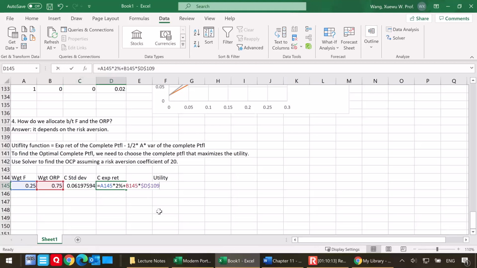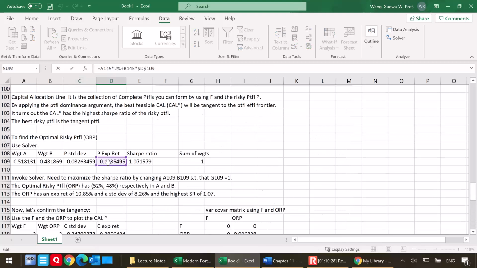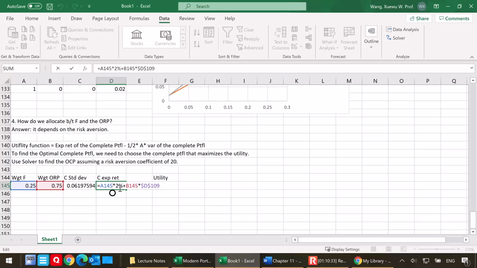All right, so let me just double check. All right, so this is calculating the complete portfolio expected return, and that's 25% weight on risk-free times the 2% plus 75% weight on ORP times D109. What is D109? That's the ORP expected return. All right, that's good. That's what we need. And let's look at complete portfolio standard deviation.